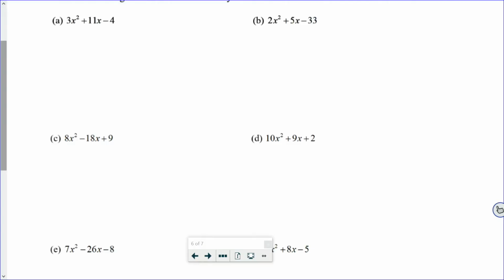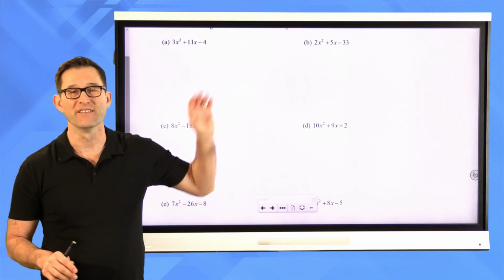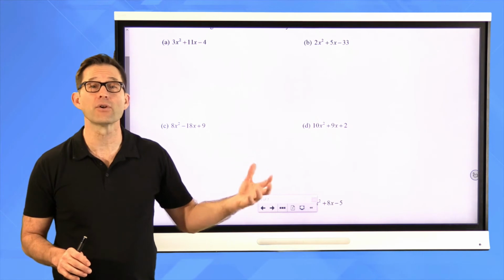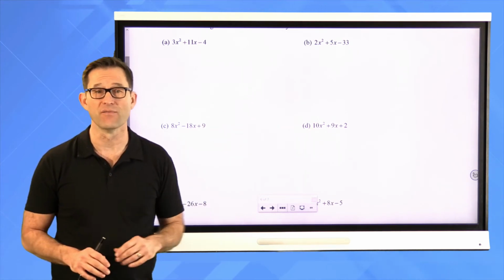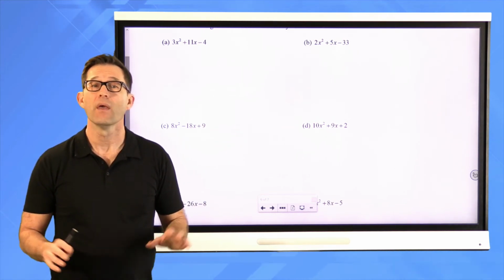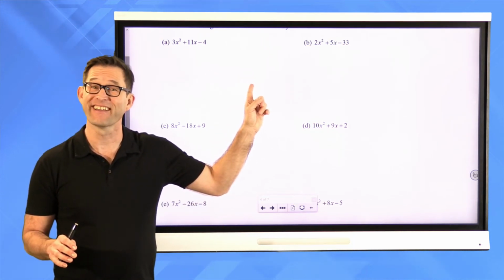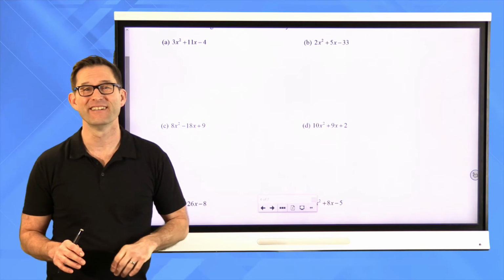Letter A. 3x squared plus 11x minus 4. Now, one of the hardest things as a teacher in terms of this is that I know what the answer is, okay? Because I've factored literally probably tens of thousands of these in my lifetime, right? So it's tough for me not to just write down the correct answer and be like, look, see, I got it right on the first time, all right?